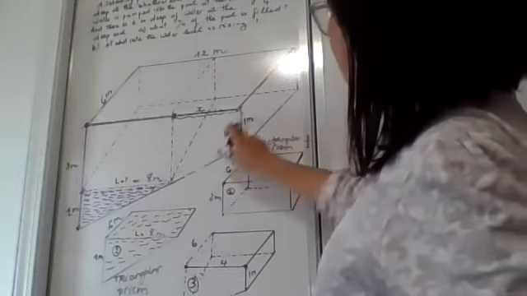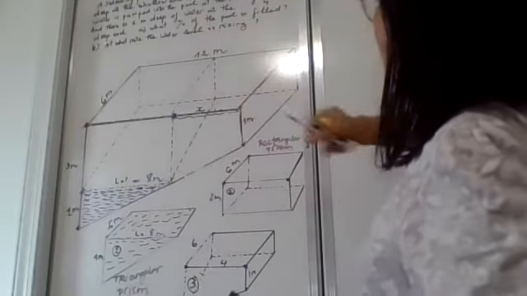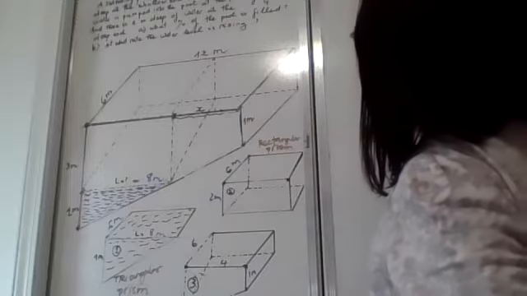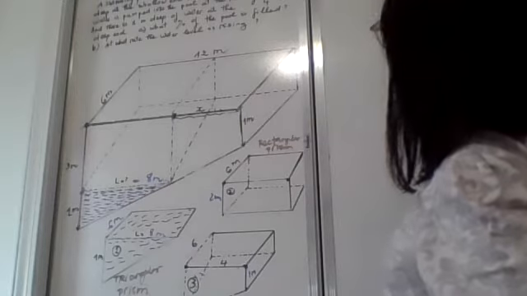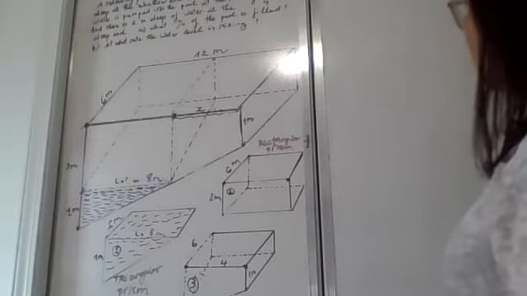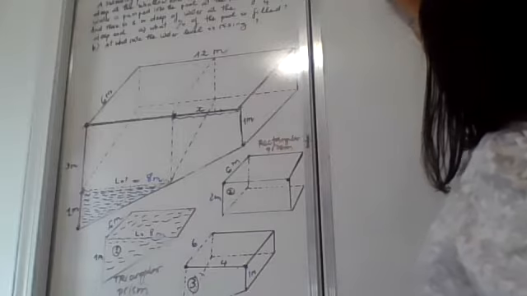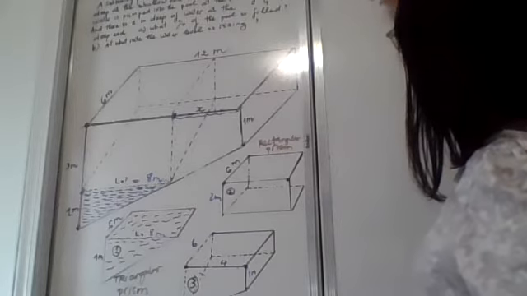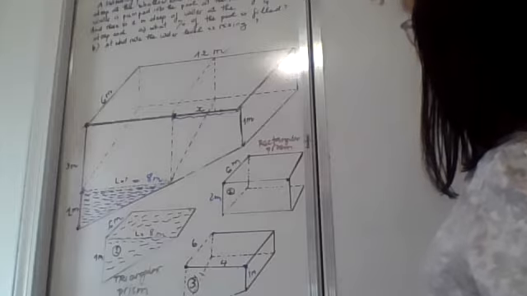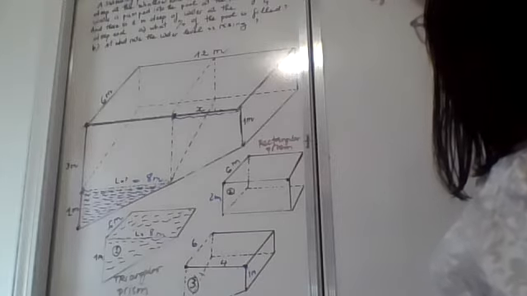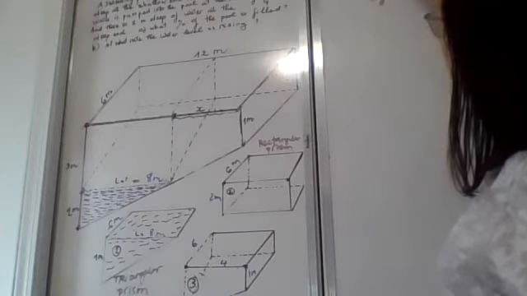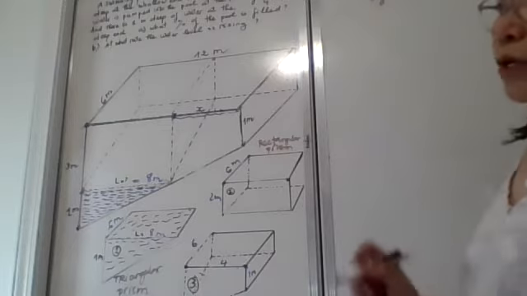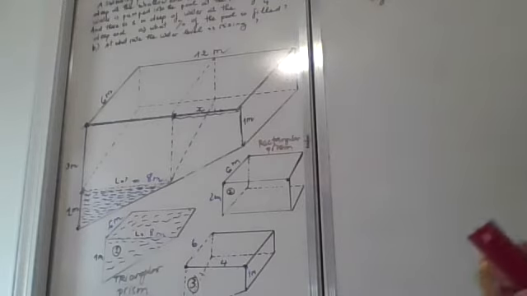To answer the percentage, what percentage the pool is filled, I have to find the ratio of the volume of the water, which I call V water (VW), divided by the volume of the whole swimming pool, which I call VF, the same as V full, times 100. And that's how I answer question A.